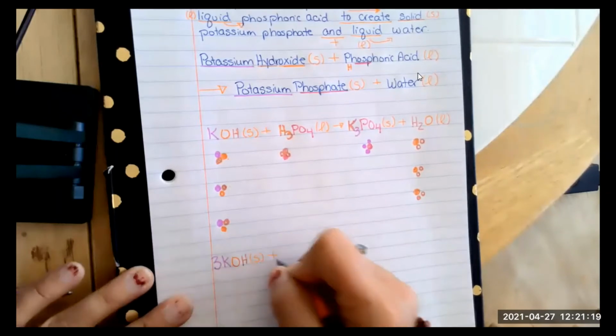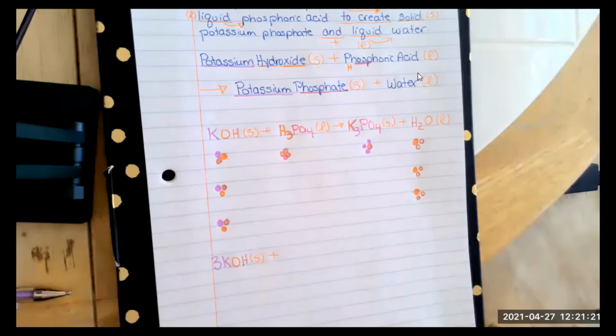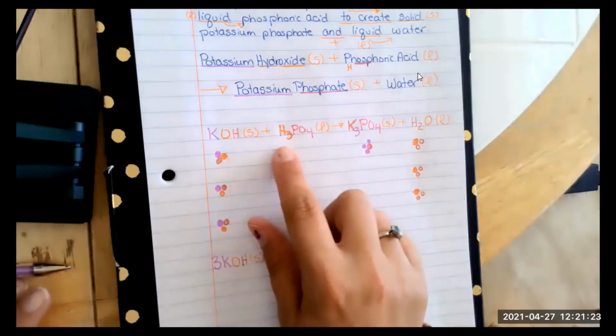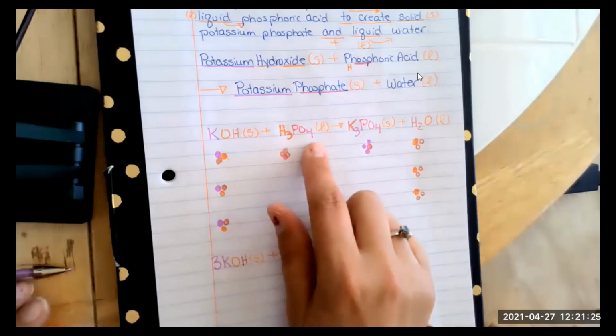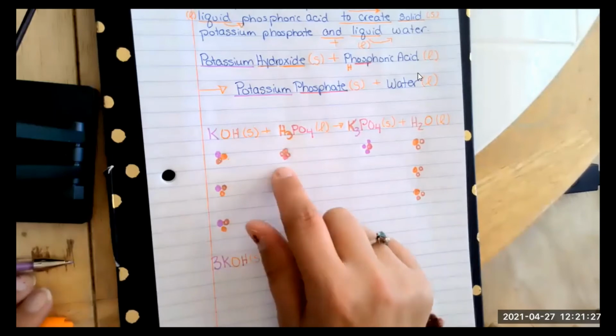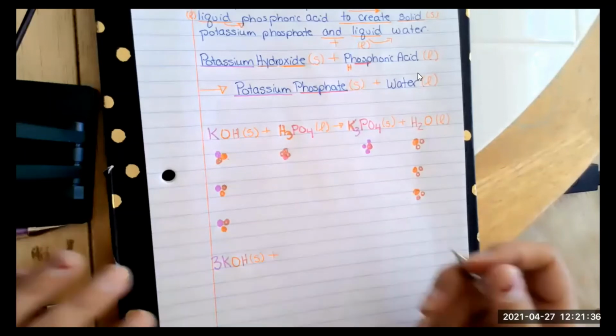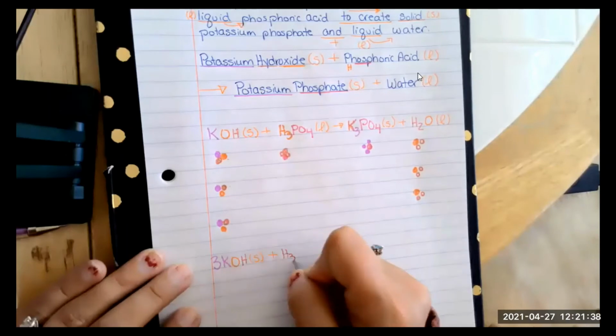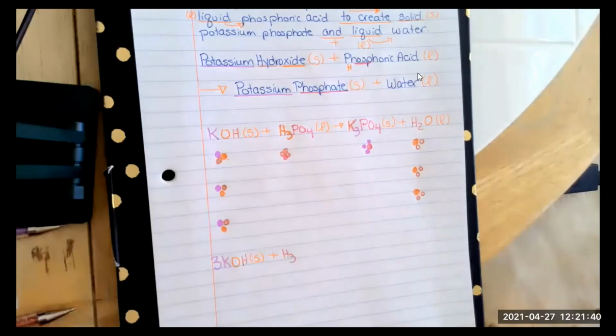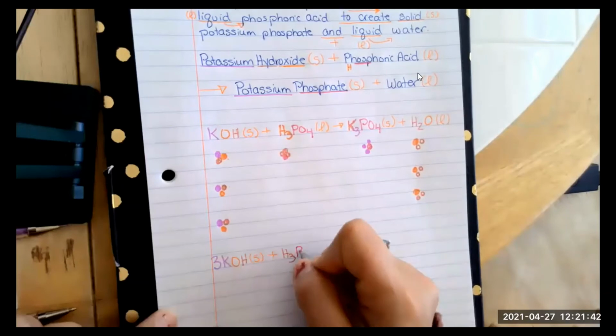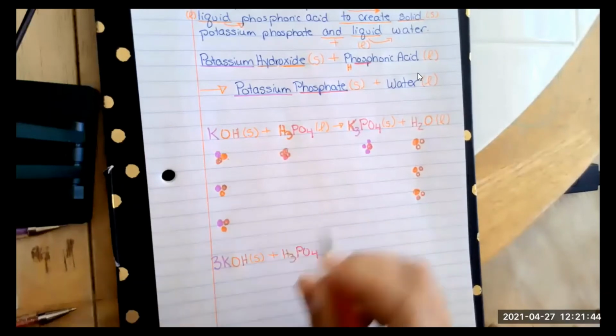Now, for phosphoric acid, we have 1 molecule. So our coefficient would be 1, but you don't really have to write 1 as the coefficient because we've already written it one time by writing H3PO4. So that is fine. If we only have 1 of a molecule, you don't have to write the coefficient of 1.